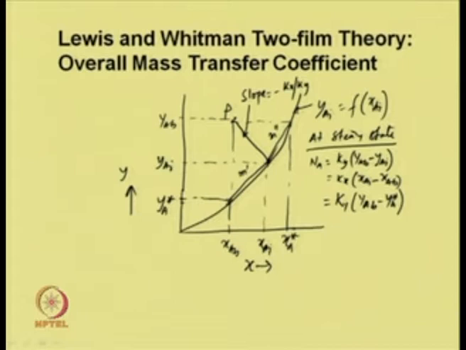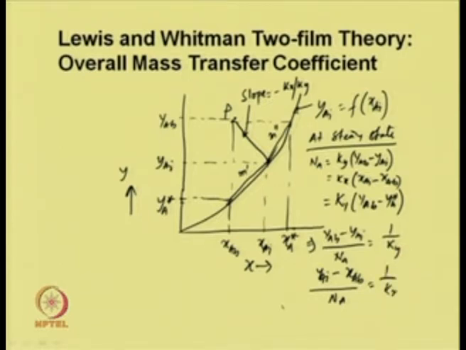So, from this we can write (y_Ab minus y_AI) by N_A is equal to 1 by k_y, (x_AI minus x_Ab) by N_A is equal to 1 by k_x. Similarly, (y_Ab minus y_A star) by N_A is equal to 1 by capital K_y.